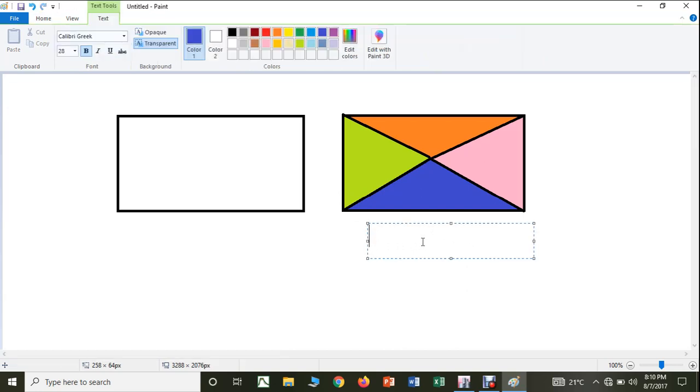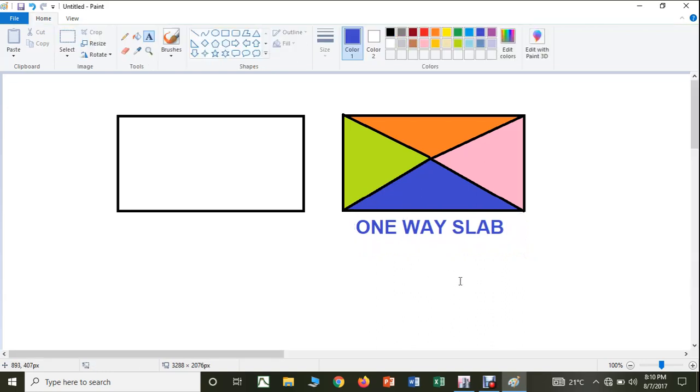So this is possible when you have the one-way slab. When you have the one-way slab, this is how the load distribution takes place from slab to beam.